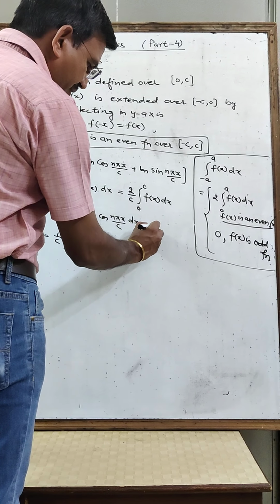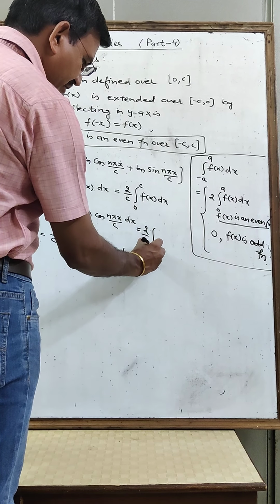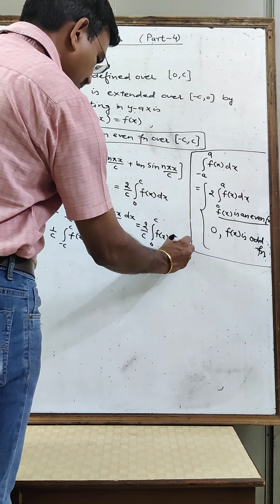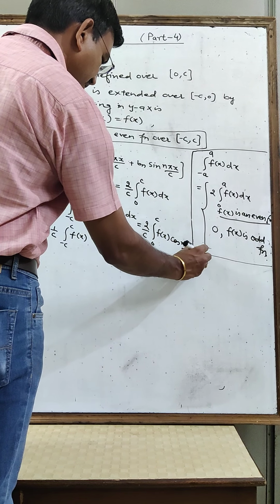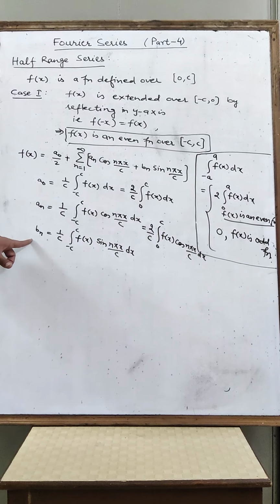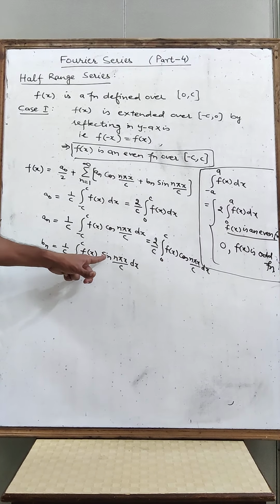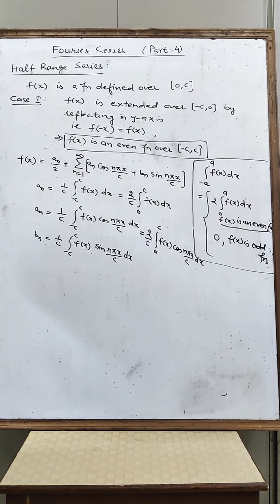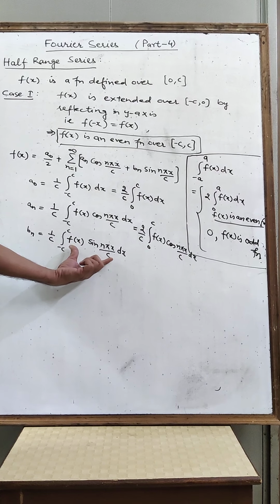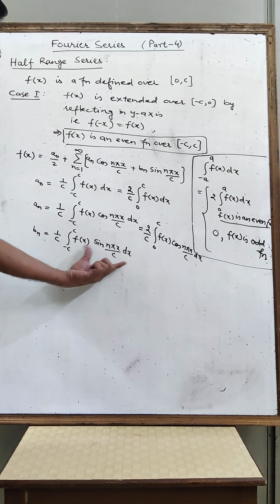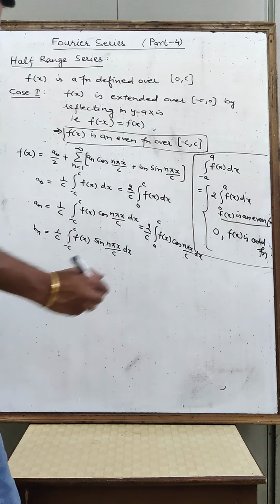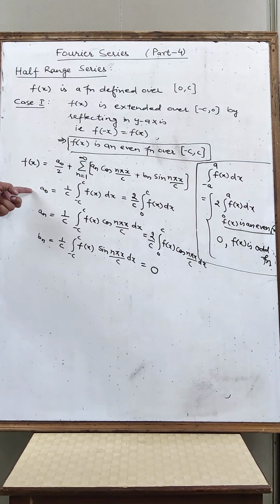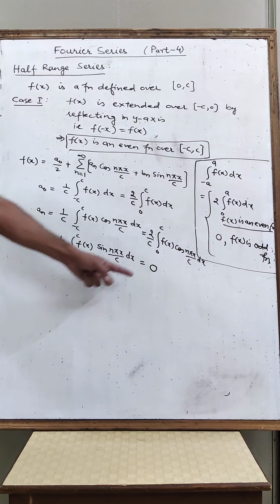So it would become 2 over c integral from 0 to c f(x) cos(n pi x over c) dx. And for b_n, f(x) is an even function, sine is an odd function, and therefore this would be an odd function, and this integration would be equal to 0. So in this case, students, b_n would be 0 for all n.